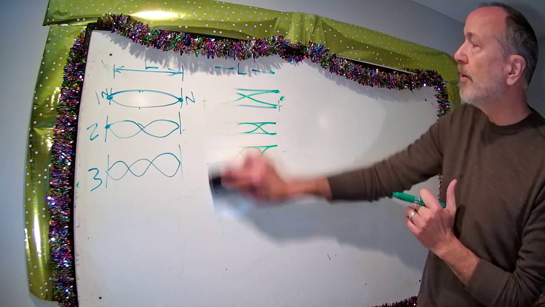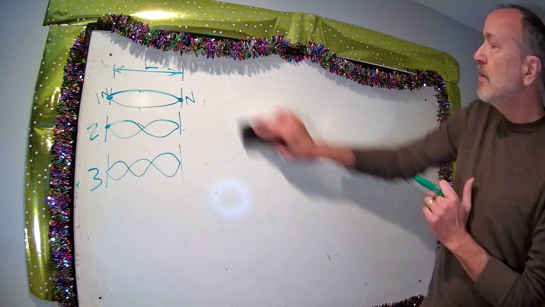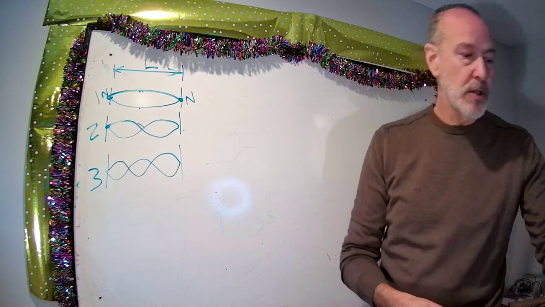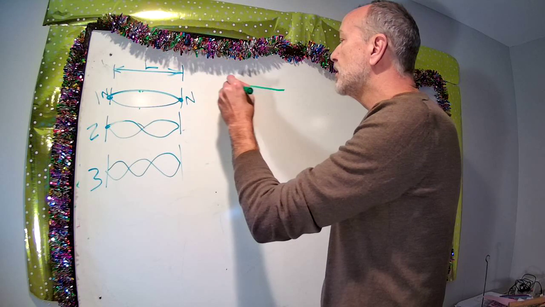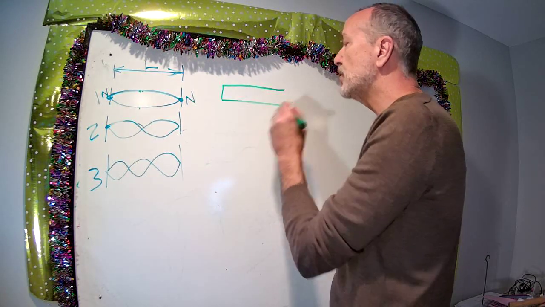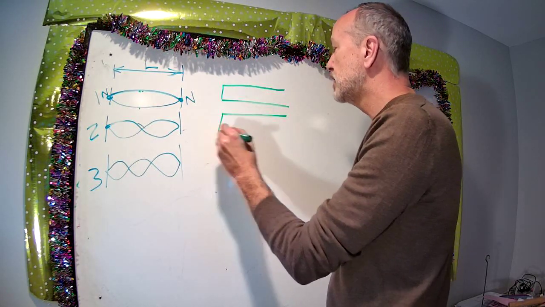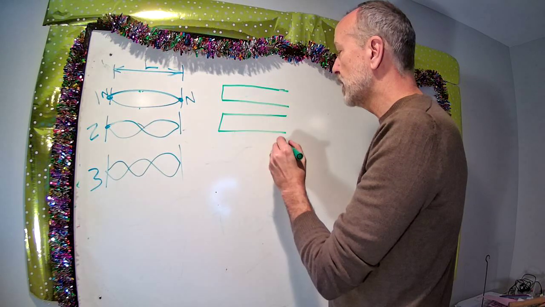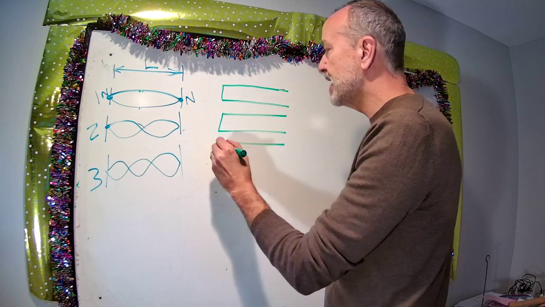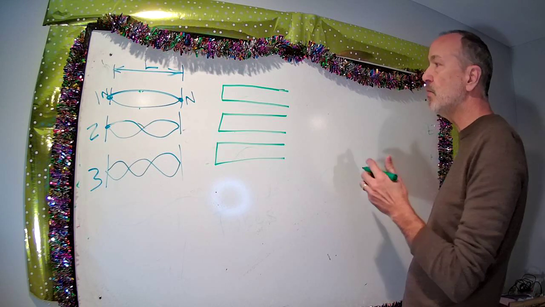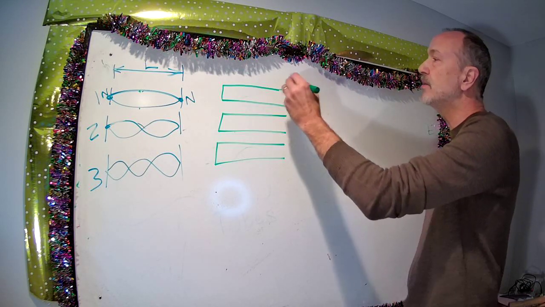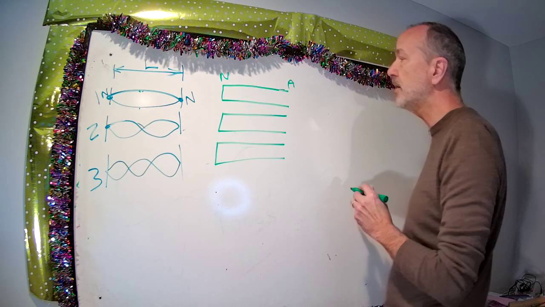Now, we're going to do a harder one, and that is closed at one end. Closed at one end can be really confusing for a lot of people. If it's closed at one end, there are some different things that happen. So first of all, this is going to be an antinode. This is going to be a node.